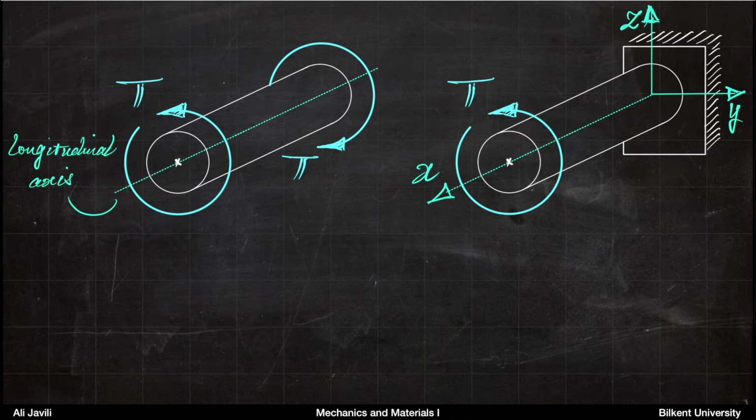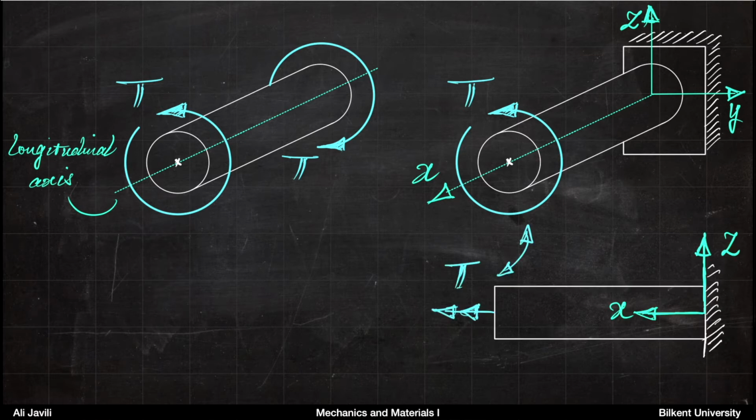Now, you define the coordinate system x, y, z, and if you look at it from the side, it looks like this. Again, using two arrows shows that it's a moment. It's not a force.